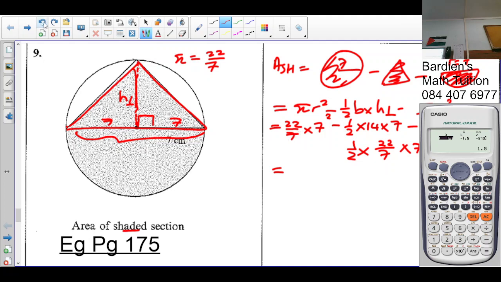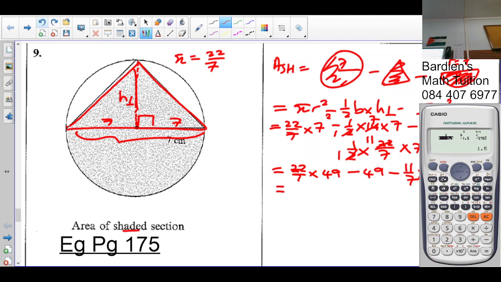7 squared is 49, so it's 22 over 7 times 49 minus. 2 going into 2 once, 2 going into 14 7 times, so 7 times 7 is 49, minus 2 going into 2 once, 2 going into 22 11 times, so it's 11 over 7 times 7 squared is 49.